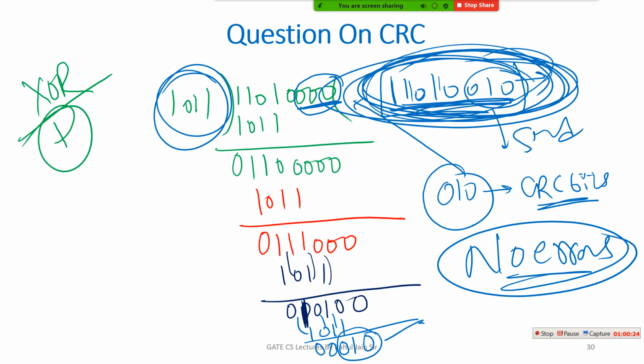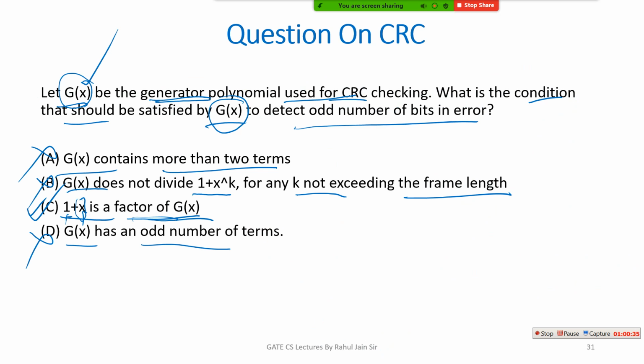It should be a factor of Gx. So 1 plus x means CRC bits plus 1, that is, the CRC generator is a factor of Gx. If it is a factor of Gx, the remainder will be 0, so that polynomial can be used. Clear, Soma?